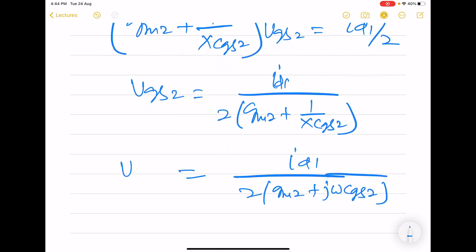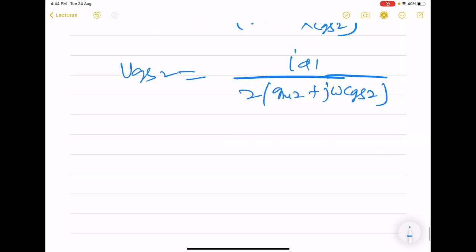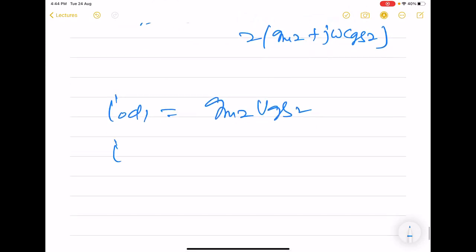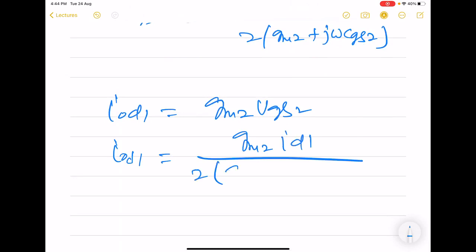Now, once we know VGS2, we can find out IOD1, which is gm2 into VGS2. So IOD1 is gm2 ID1 divided by 2 into gm2 plus j omega CGS2.